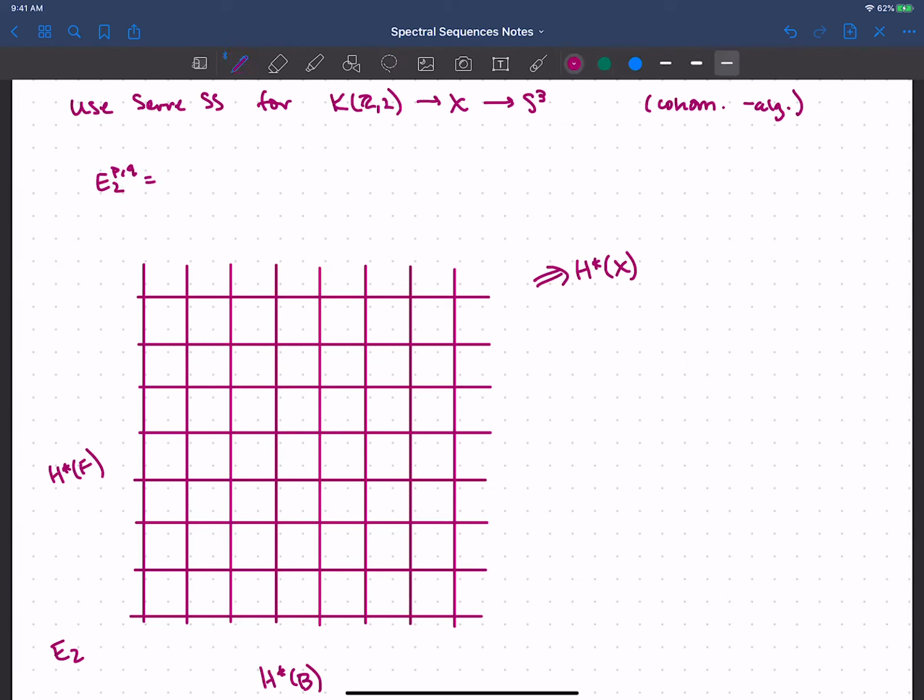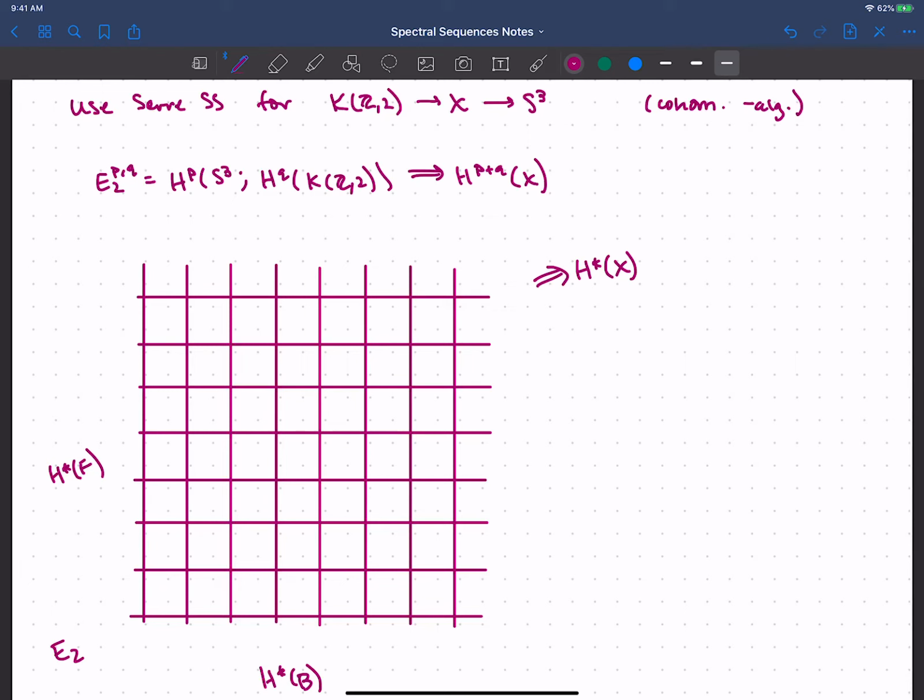So E2^{p,q} is H^p of, well, it looks like our base now is S^3 with coefficients in the cohomology of our fiber. And this should cook up the cohomology of the total space. Oh yeah, that's what I'd written here.